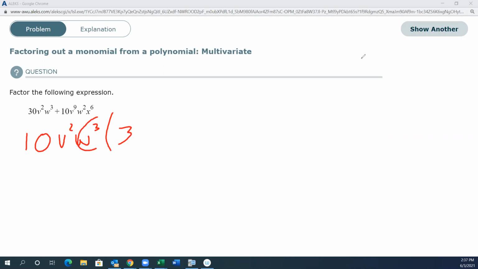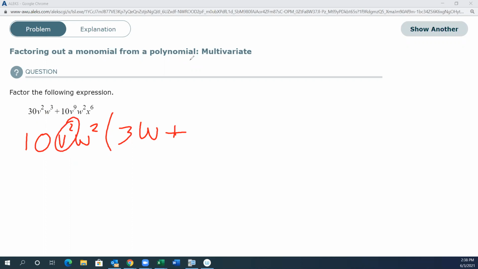I pulled out, oh, sorry about that. That was supposed to be 2 w's. I think I said 2 and I wrote 3. I'm going to pull out a pair of w's. Well, there were 3 there, so if I pull out 2, there's 1 left over. Then on the second term, I pull out a 10, and that's the only coefficient there was, so that's gone.